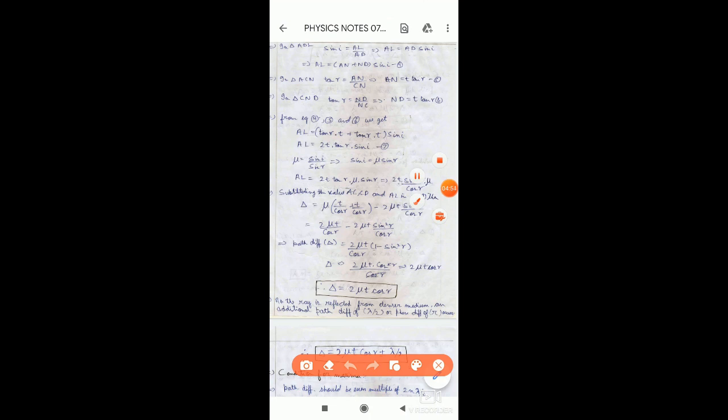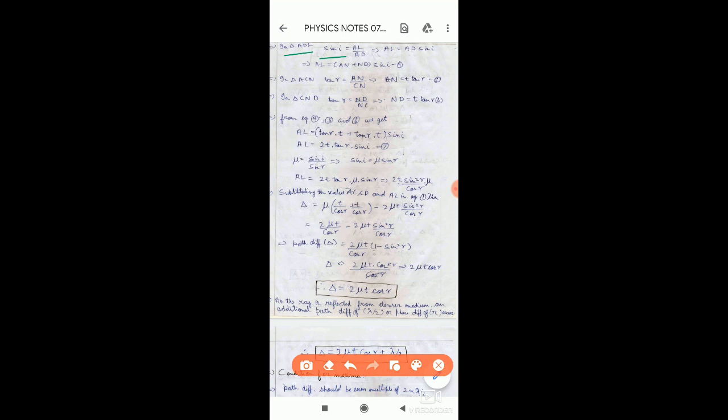Now we will discuss the right angle triangle ADL. In ADL, sin I equals AL upon AD, so AL equals AD sin I. AD can be written as AN plus ND, so AL equals (AN plus ND) sin I, equation number 4.